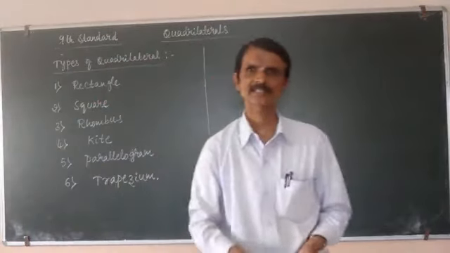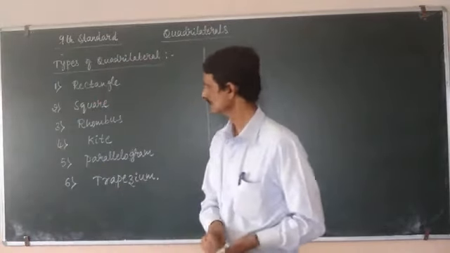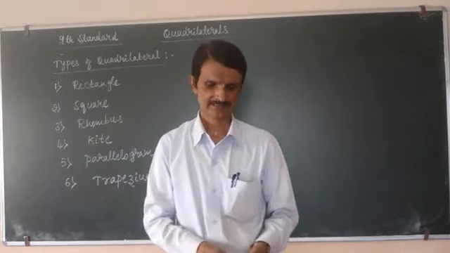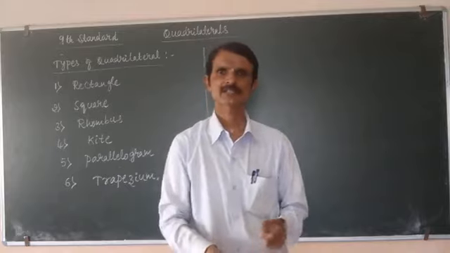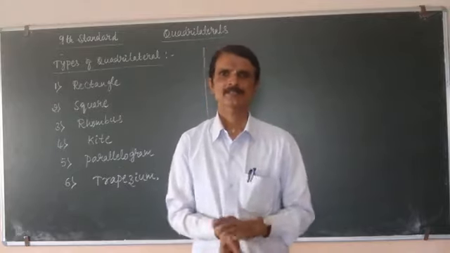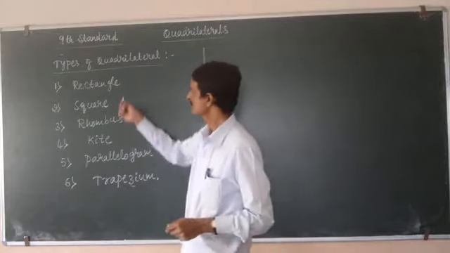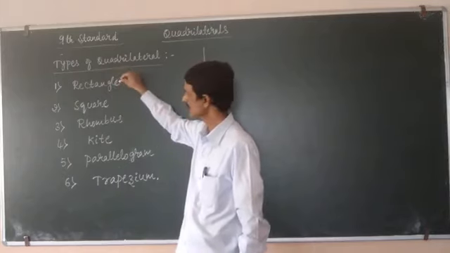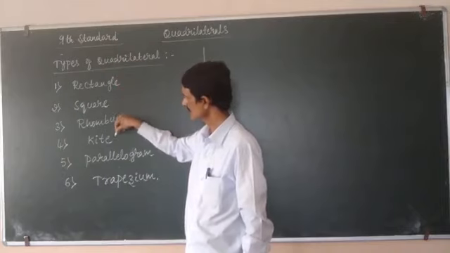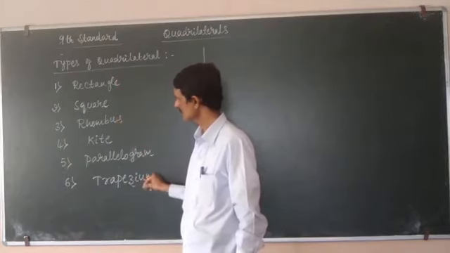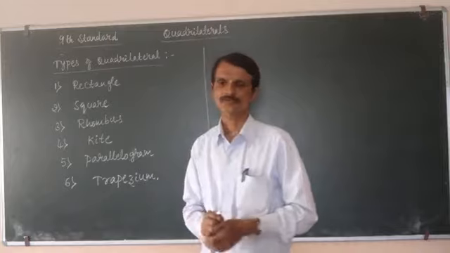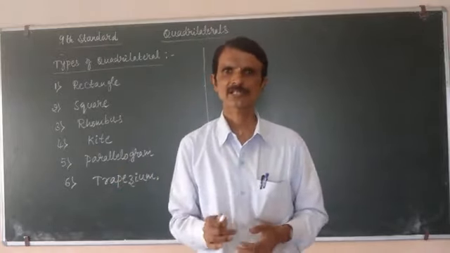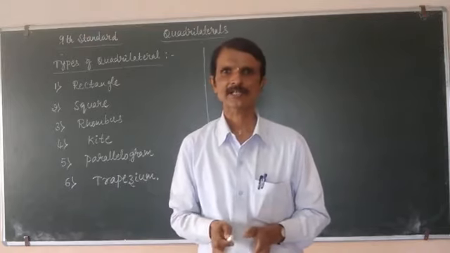Okay, students, these are the different types we are going to study in detail. You have studied this in the 8th standard also, recall it. The types of quadrilateral are rectangle, square, rhombus, kite, parallelogram, trapezium. We will see the different types especially in this 9th standard.